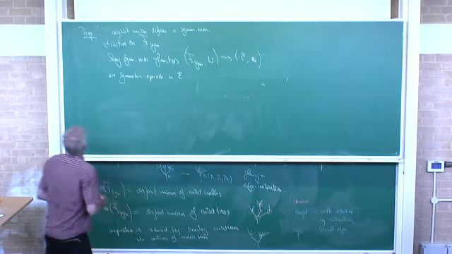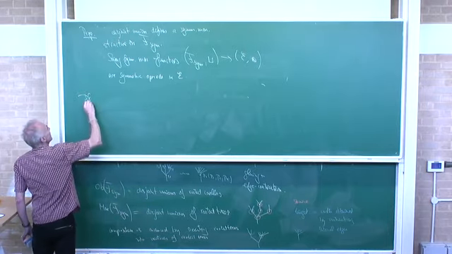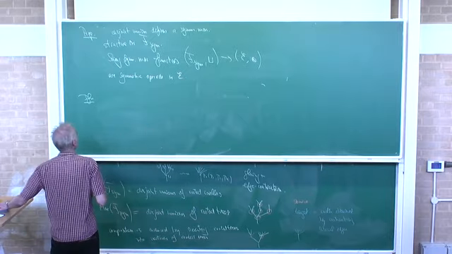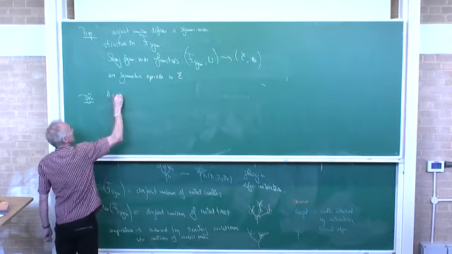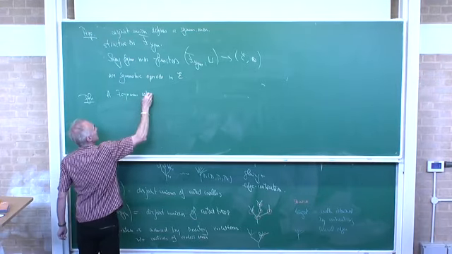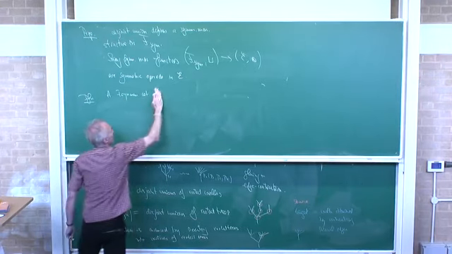So now I give you the general definition of a Feynman category. So a Feynman category is given by a triple.